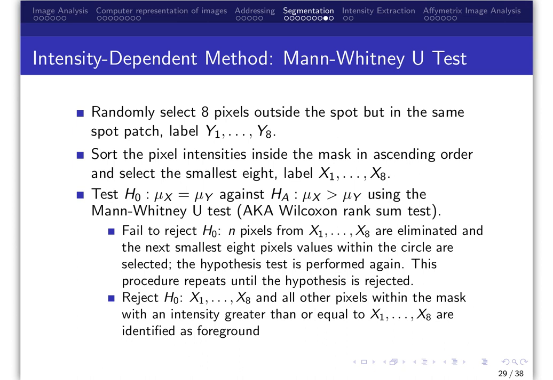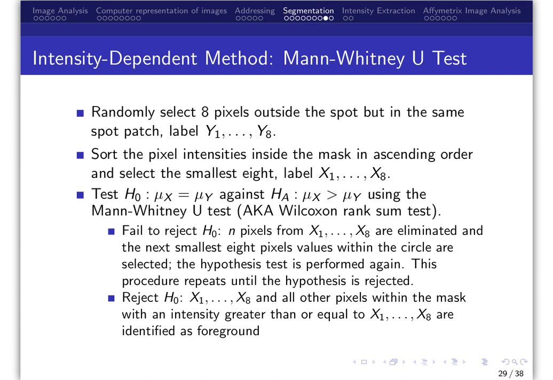The Mann-Whitney U-test has been widely used for identifying background and foreground pixels. The spot or circle is segmented from the spot patch or square using a predefined mask, commonly a circle of fixed size. 8 pixels, labeled Y1 through Y8, outside the mask are randomly selected to represent background.